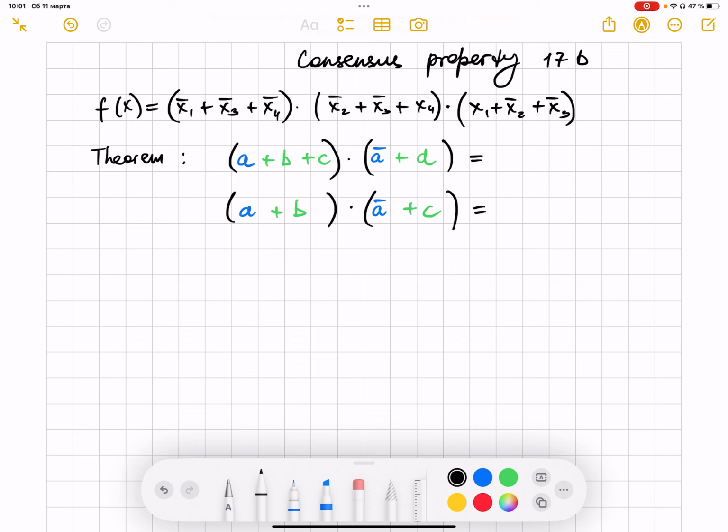So, consider you're given this kind of expression. As I've told you, in the consensus theorem, you just add one element. Let's say these are in whole bracket expressions, okay? One expression is added to the function, and your objective is firstly to find out what to add.